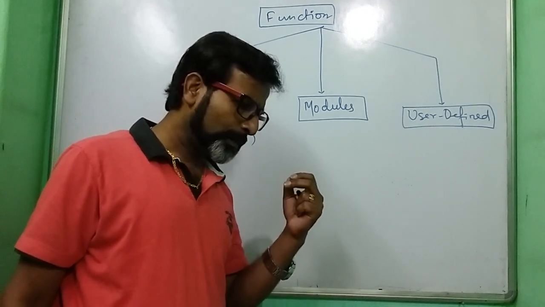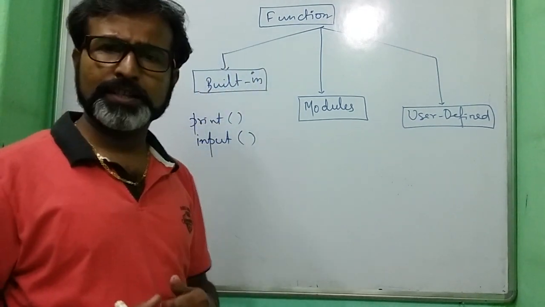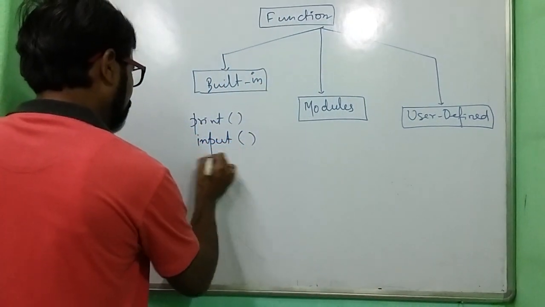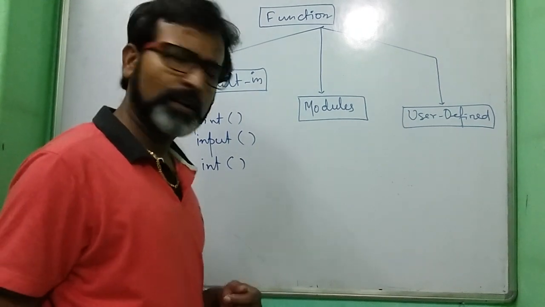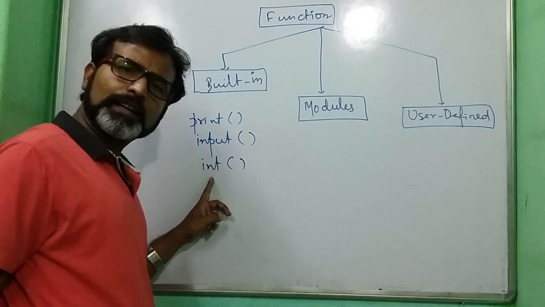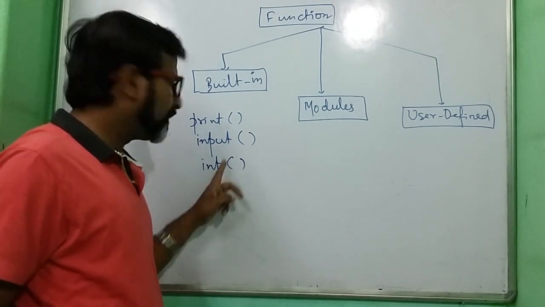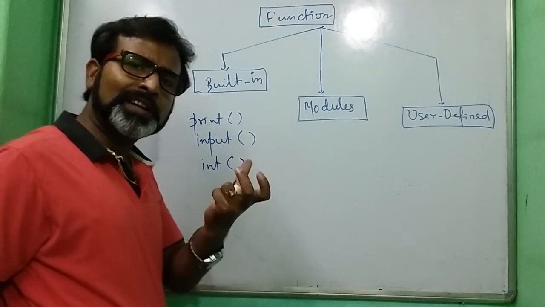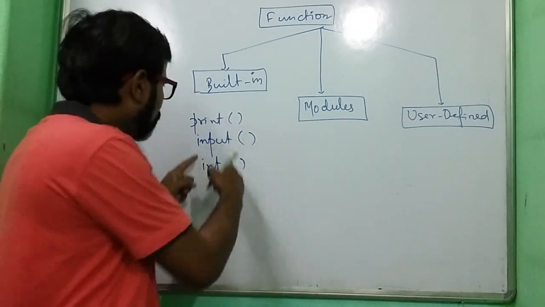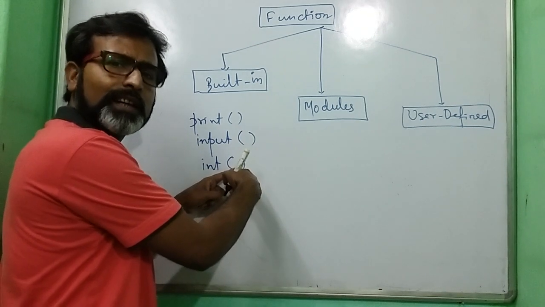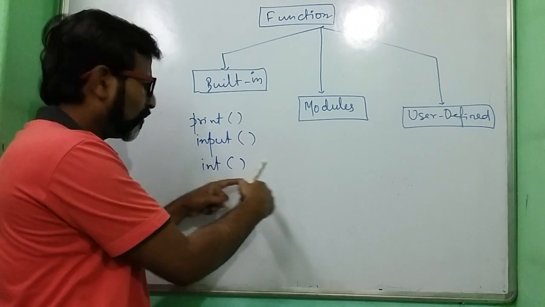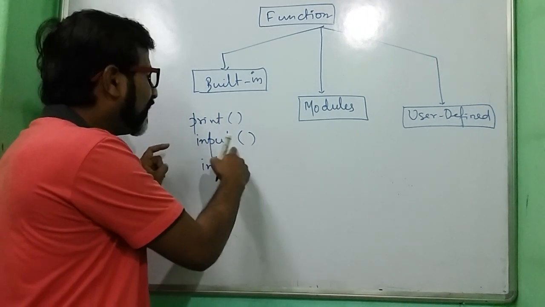Then there are all the data conversion functions. Data conversion function means, suppose we use int, it's a data conversion function. If you write any string value inside, that gets converted by the int function. Normally if I want to read a number, I use int with the input function, sorry, not print, input function.